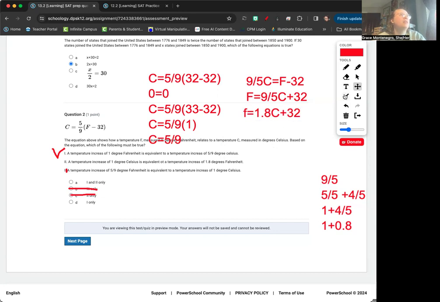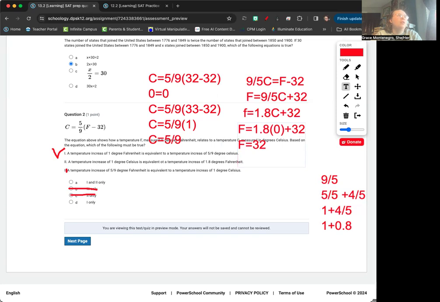So we can do that same question. If we start with 0 Celsius, 0 times 1.8 is 0, plus 32 is 32. We're starting at 0. 0 Celsius, 32 Fahrenheit.